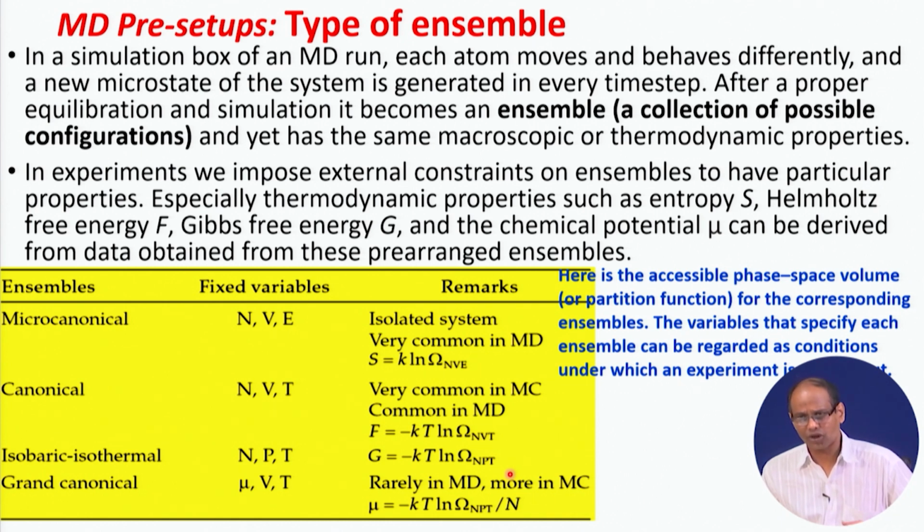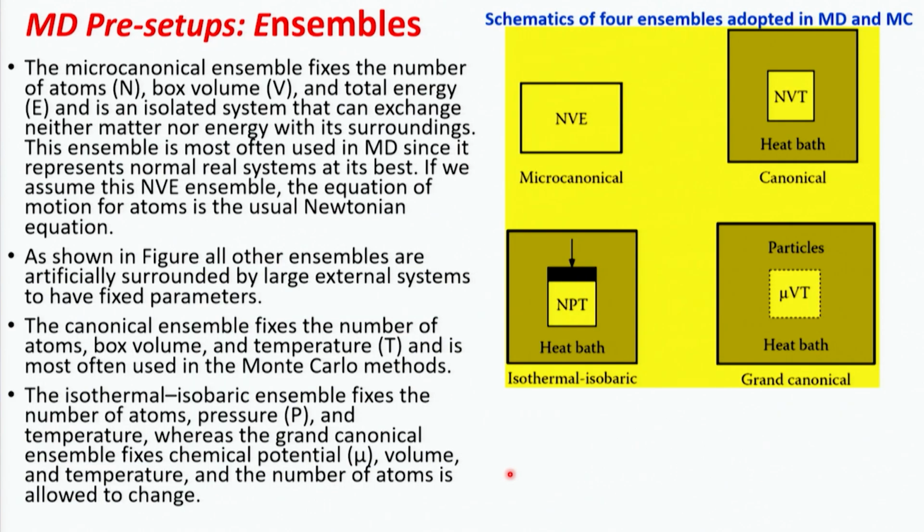At the same time velocity is related to pressure also, but pressure we can also change if we change the overall volume. So there we need to use different algorithms in order to control the temperature. So this controlling is called the thermostat or barostat. Okay. So these are the different ensembles we have just discussed: microcanonical, canonical, isothermal, isobaric, and grand canonical.